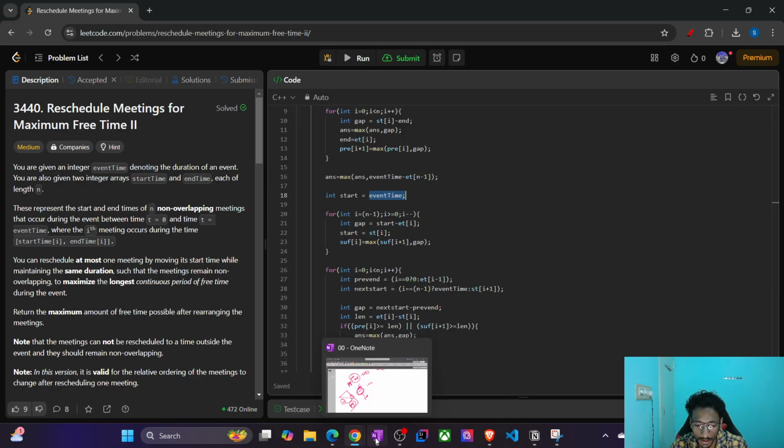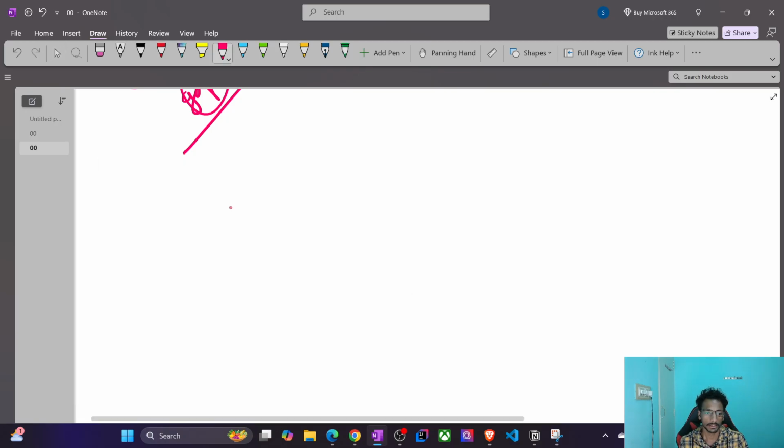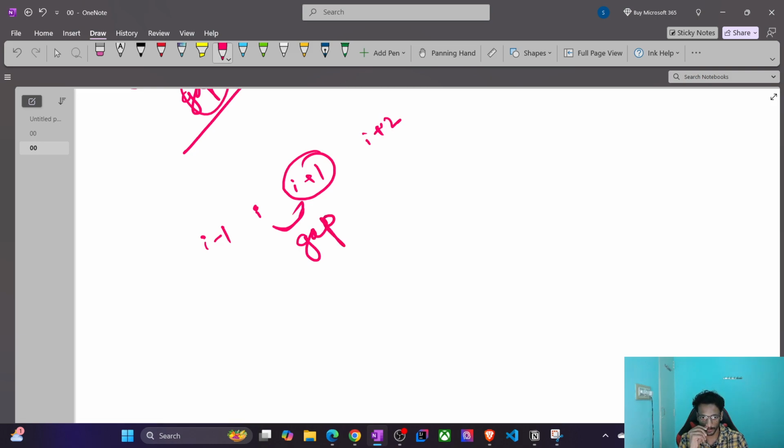Here I have used this in this logic. Suppose here is I minus 1, I plus 1, and this is suppose I plus 2. Suppose this is the gap, right?